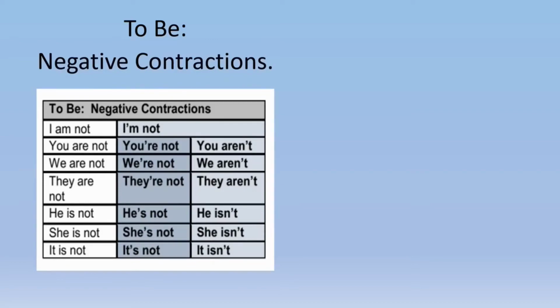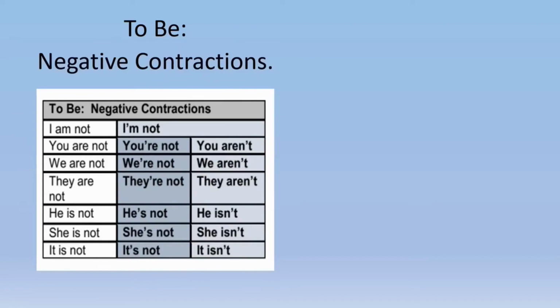I am not becomes I'm not. You are not can become you're not or you aren't. We are not can become we're not or we aren't. They are not can become they're not or they aren't.